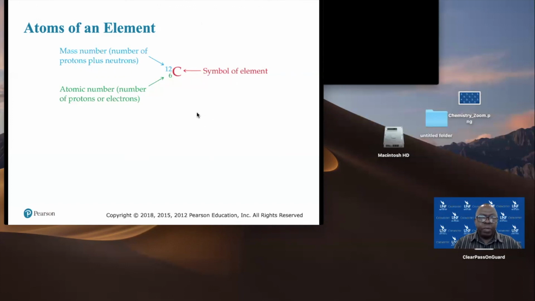On the periodic table, we may have carbon, and then maybe 12.01, and at the top you have 6 right there. I'm just giving you how to interpret the numbers you see.